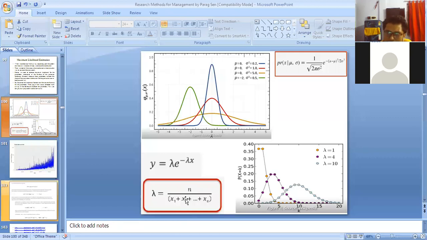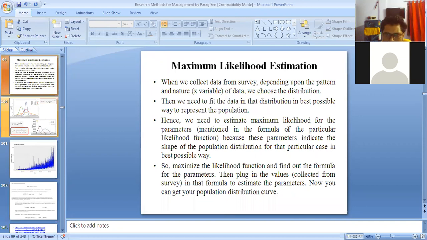You can say this is the best possible way to fit the data for a particular distribution. When we collect data from a survey, depending upon the nature, we choose the distribution first. Then we want to fit the data in the best possible way to represent the population.